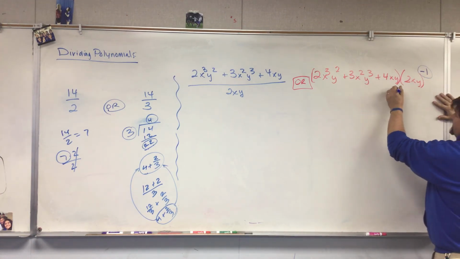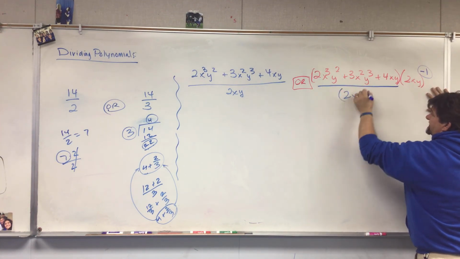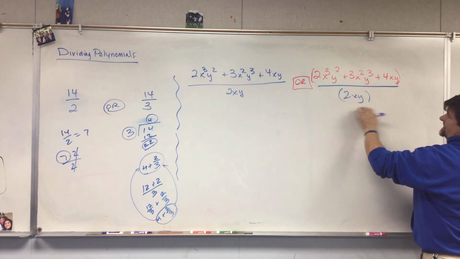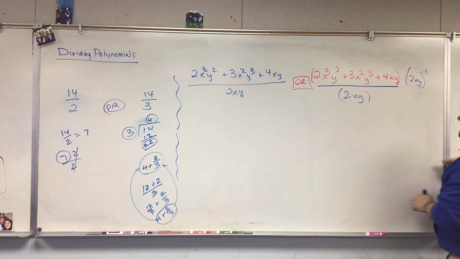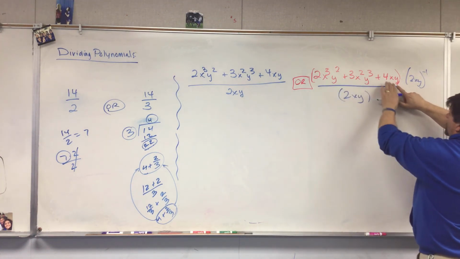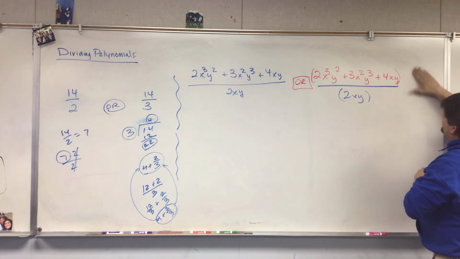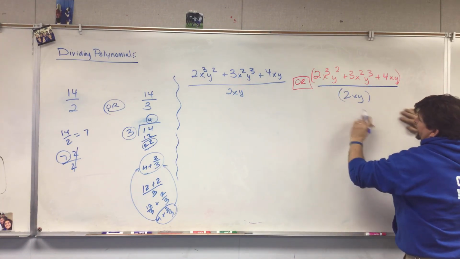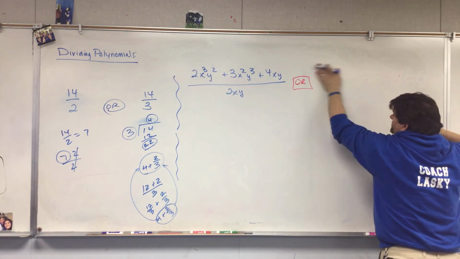So this technically would be the same type of problem. That's a division problem. So when you see 2xy to the negative first power, that's really this quantity times this quantity to the negative first power, which really means this quantity in red divided by 2xy. Okay? So I just wanted to clarify that piece for you.